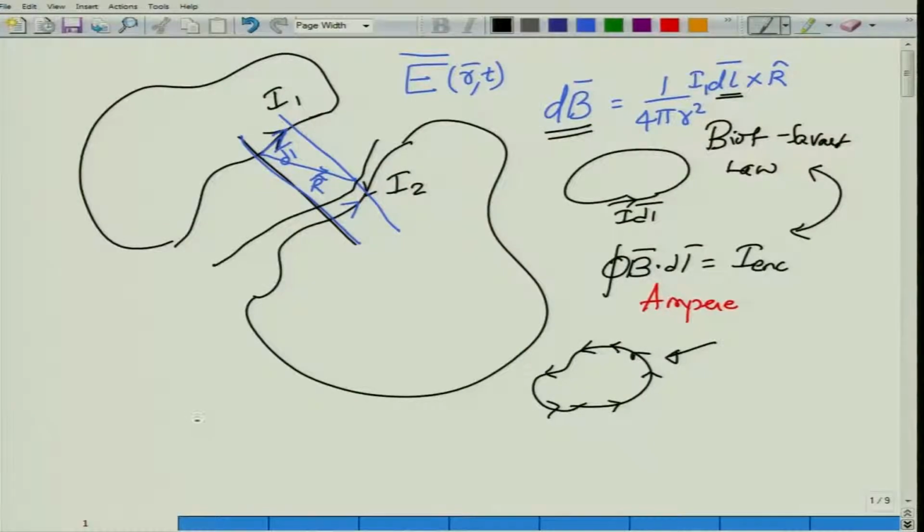So as before, we introduce what is called permeability. We say that the better the permeability, the better the magnetic property of that material. The permeability of free space is denoted by mu naught, and by definition it is 4 pi into 10 to the power minus 7 Henry per meter.